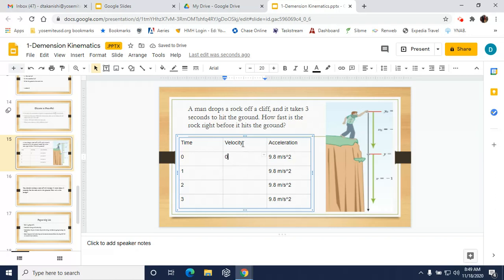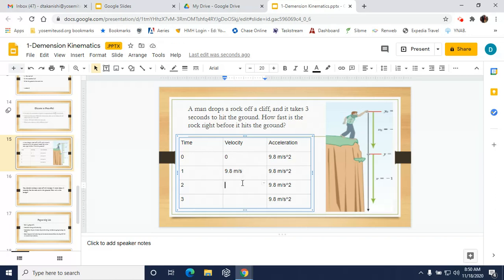How fast would our object be traveling at 1 second, if our object has this acceleration? Well, after 1 second, our object should be traveling at that 9.8 meters per second. Okay. So that's how you determine the first second.